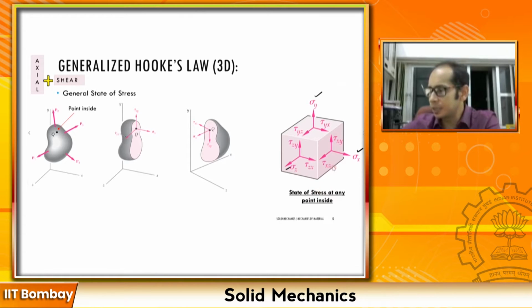Now remember, here there are equal and opposite sigma x, equal and opposite sigma y. It is just not shown in this particular figure, right? Now in addition to that, what we are going to look at now is what is this tau xy, tau xz, tau yz, tau zx, and the different taus which are acting in this particular member.